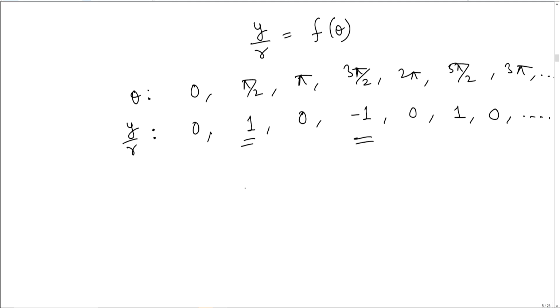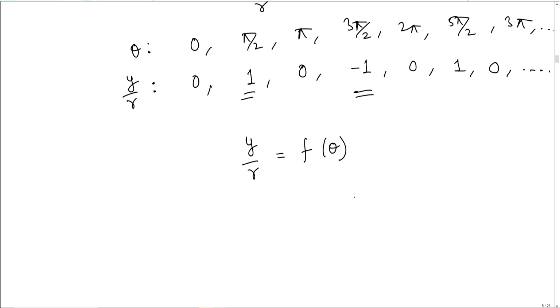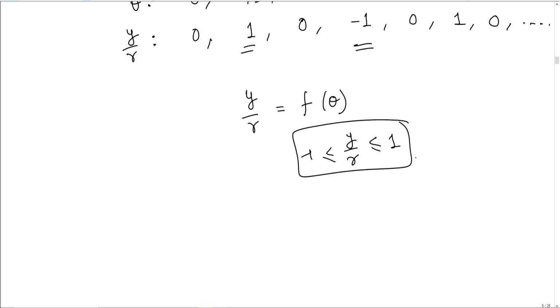So, we can write y by r as a function of theta such that the codomain of the function is such that it can take any value between minus 1 and plus 1. This is how you can write this function.